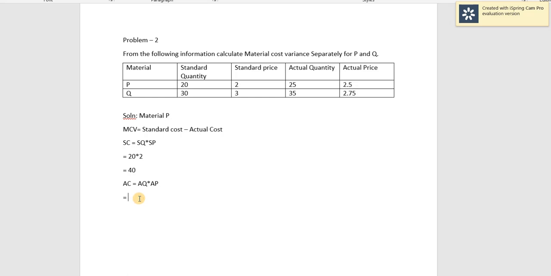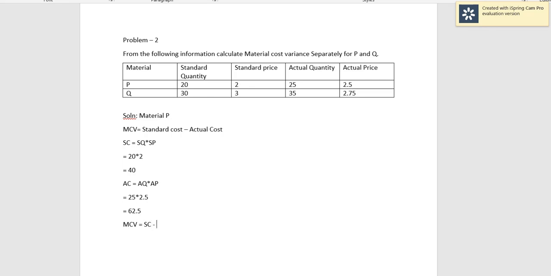Write it as actual quantity 25 into actual price 2.5, which is equal to 25 into 2.5. It will come up to 62.5.